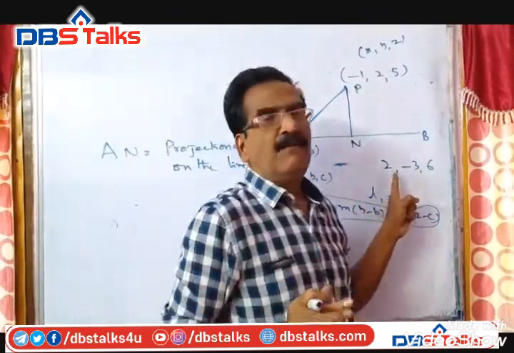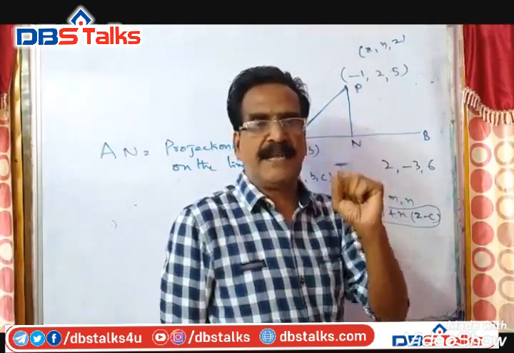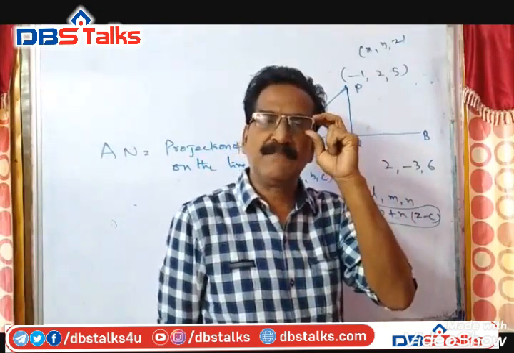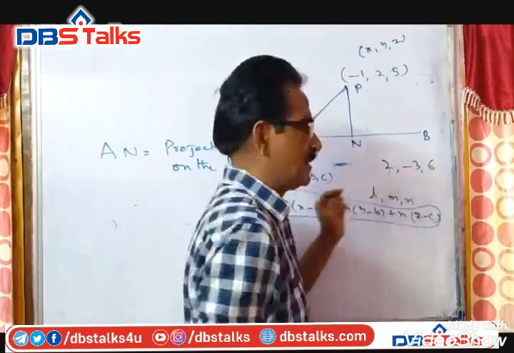Now, one point is given. The direction cosines of this line are proportional to 2, minus 3, 6.